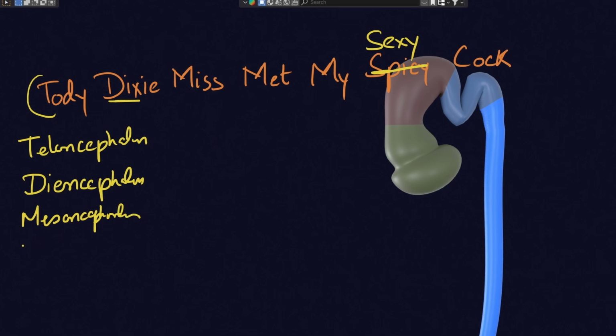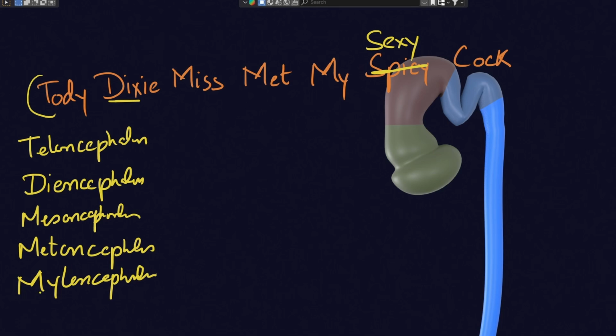Then Met is Metencephalon. My is Myelencephalon. And spicy or sexy and cock, spicy cock, is spinal cord, right? So the final one is spinal cord.